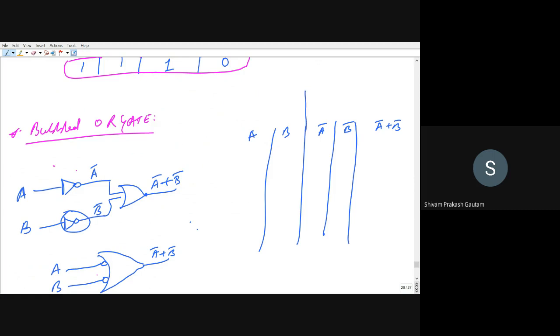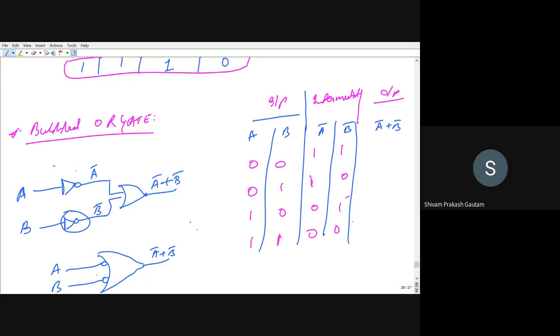The inputs are 0 0, 0 1, 1 0, 1 1. Now fill the intermediate state. A bar is the complement of A, so for 0 it is 1. A bar is 1, 1, 0, 0, and B bar is 1, 0, 1, 0.